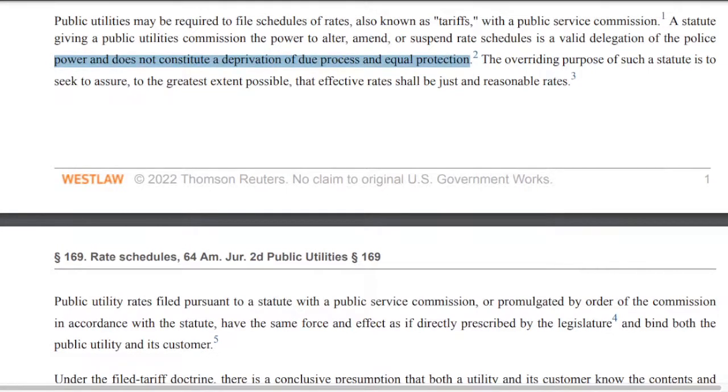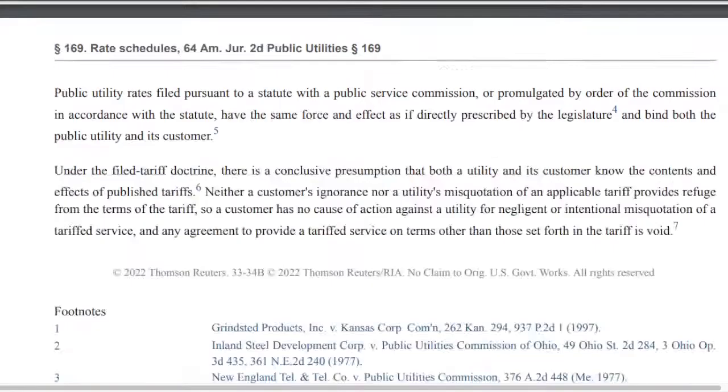They're talking about police power over the public utilities, right? It does not constitute a deprivation of due process, right? So the overriding purpose of such a statute is to seek to assure to the greatest extent possible, listen to this, this is the purpose, the overriding purpose, that effective rates shall be just and reasonable rates.